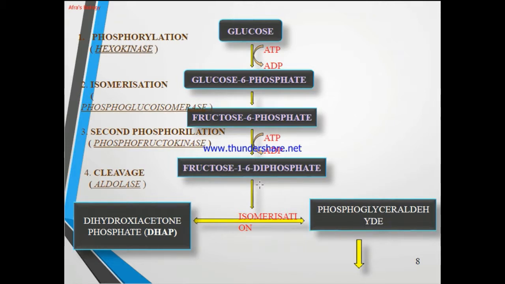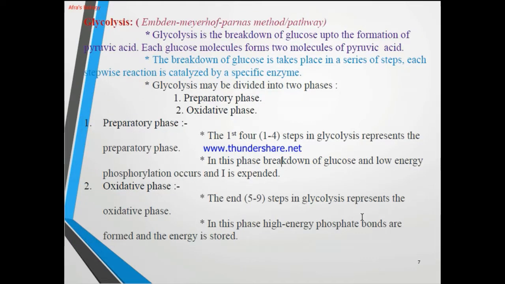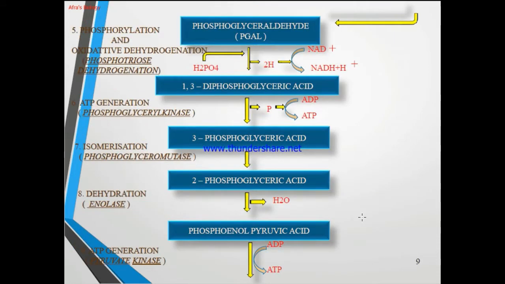The cleavage takes place by an enzyme we call aldolase. Dihydroxyacetone phosphate is converted into phosphoglyceraldehyde. Here we have two molecules of phosphoglyceraldehyde.